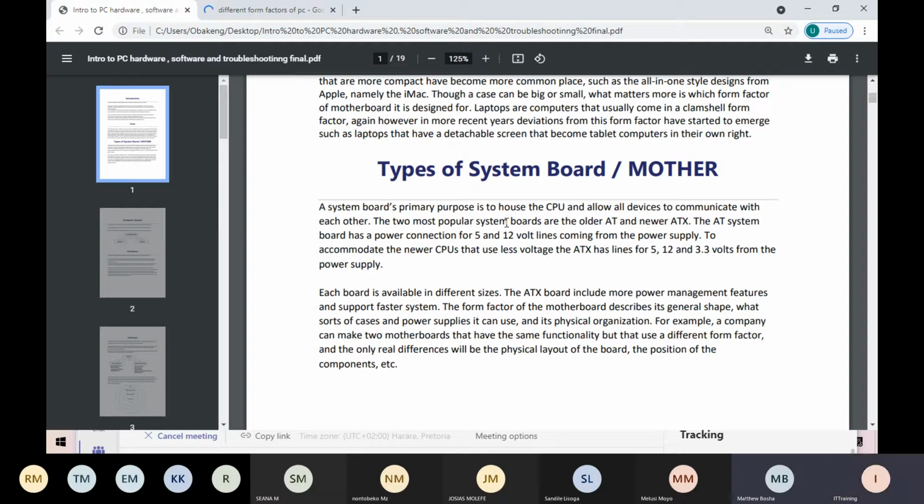So yeah, we touched on the different types of system board. These are the ones that Nkosinathi talked about, the AT, the ATX. And depending on the user's preferences, you will decide on which ones you need. I'm trying to move here, but it seems like my system is stuck.